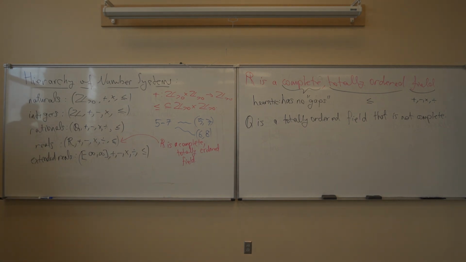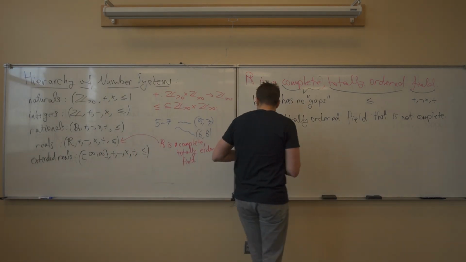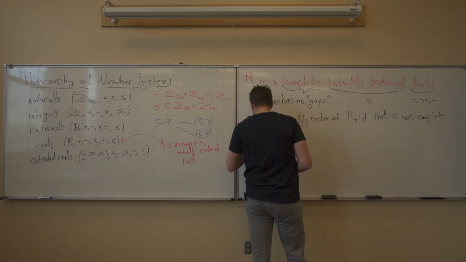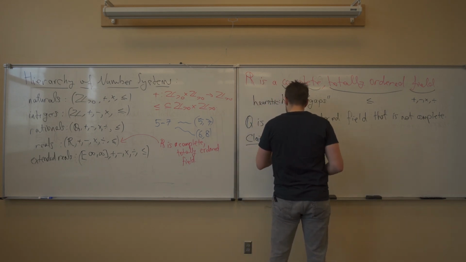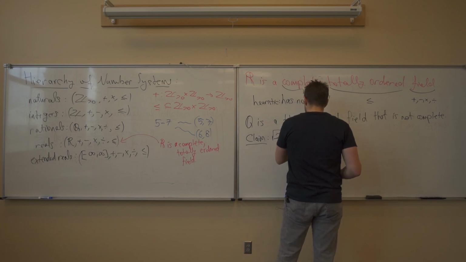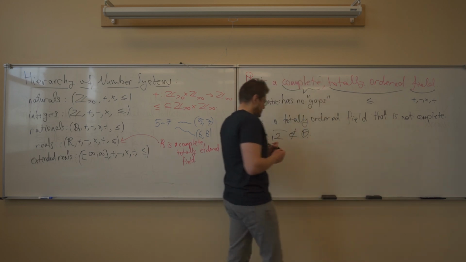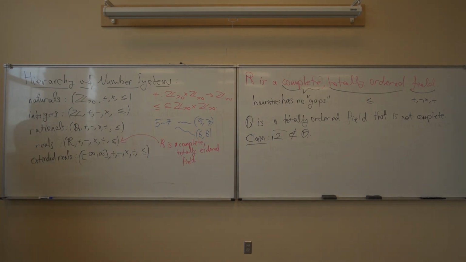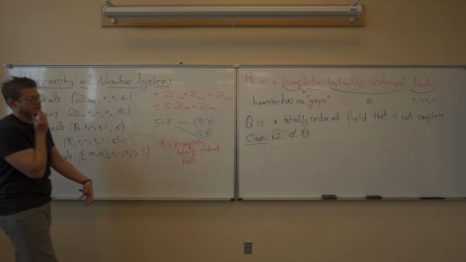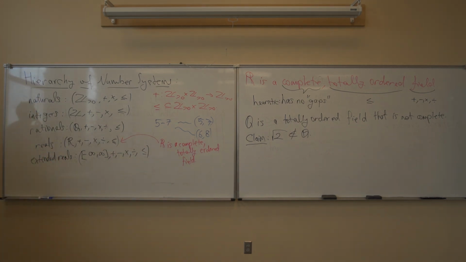This was an exercise that I had given you last week, and I think now is the time to discuss it. Claim. So, do any of you have any guesses, any ideas as to how to prove this?